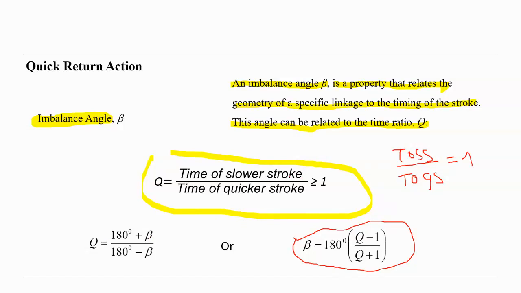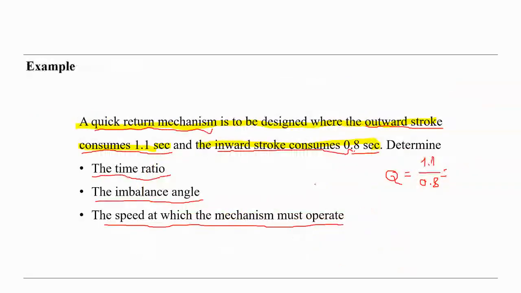So time of slower stroke over time of quicker stroke. Okay, so then this is equal to... let's calculate that.